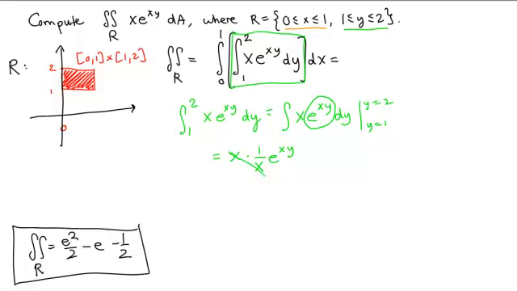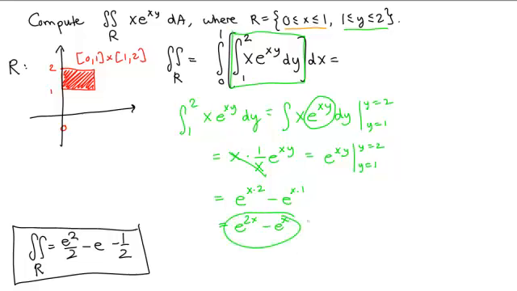And so in this case, these two guys cancel, and we're just left with e to the xy evaluated from y equals 1 to y equals 2. So that means we have e to the x times 2 minus e to the x times 1, or e to the 2x minus e to the x. And so that's my inside integral, the piece that belongs here.